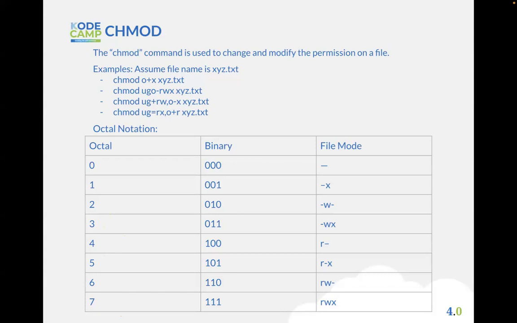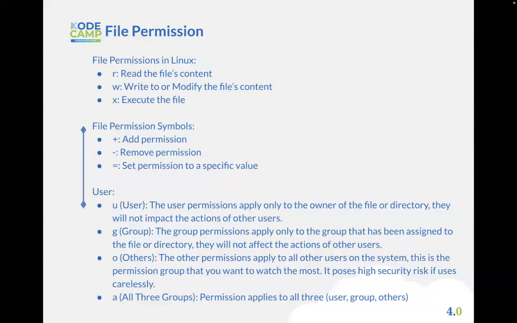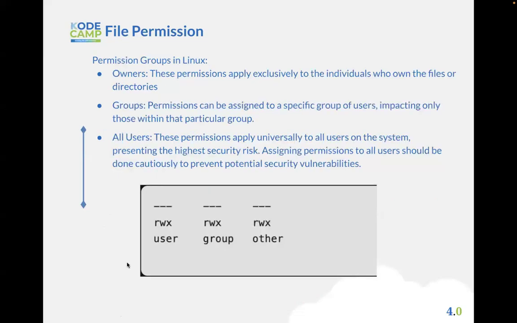Yes, sir. Okay. So you have user groups, right? And you have different values that can be associated with those user groups. You have your owner, the owner of the file, which is also the user. You have the group, and you have others, which is everybody outside the group and not the user.